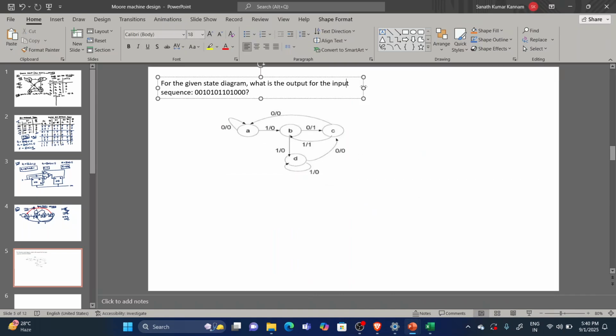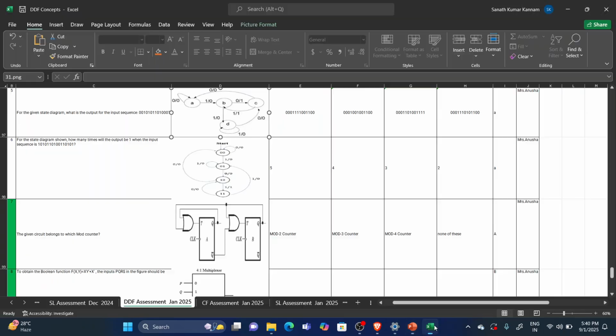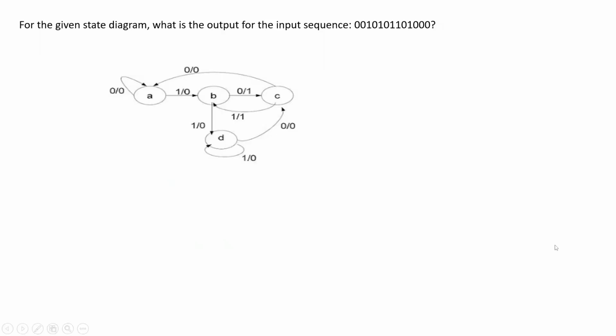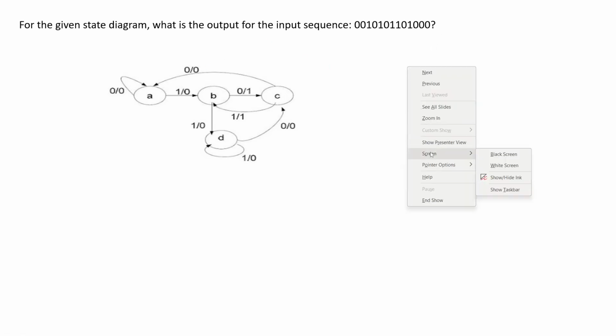For the given input sequence, what is the output? Can you say what is the output for the input sequence? How to do it? Any idea? Tell me.